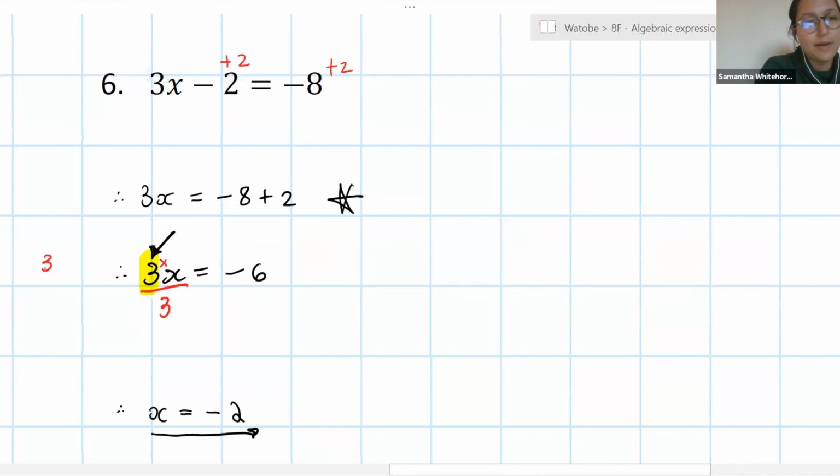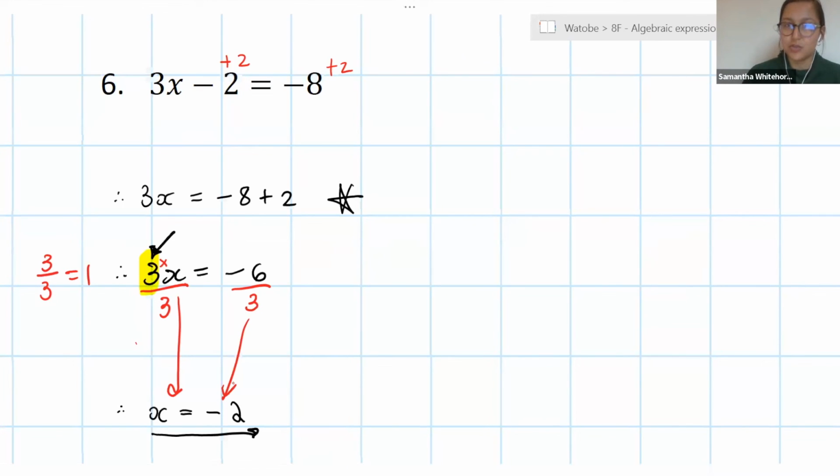Now, 3 divided by 3 is 1. It essentially just falls away, it cancels out. And so what I'm left with is x, but I have to remember to divide by 3 on the other side of my equation because my equation must stay balanced. And -6 divided by +3 is a -2. Does that make sense? Yes, ma'am, it does. Thank you. Good, well done.